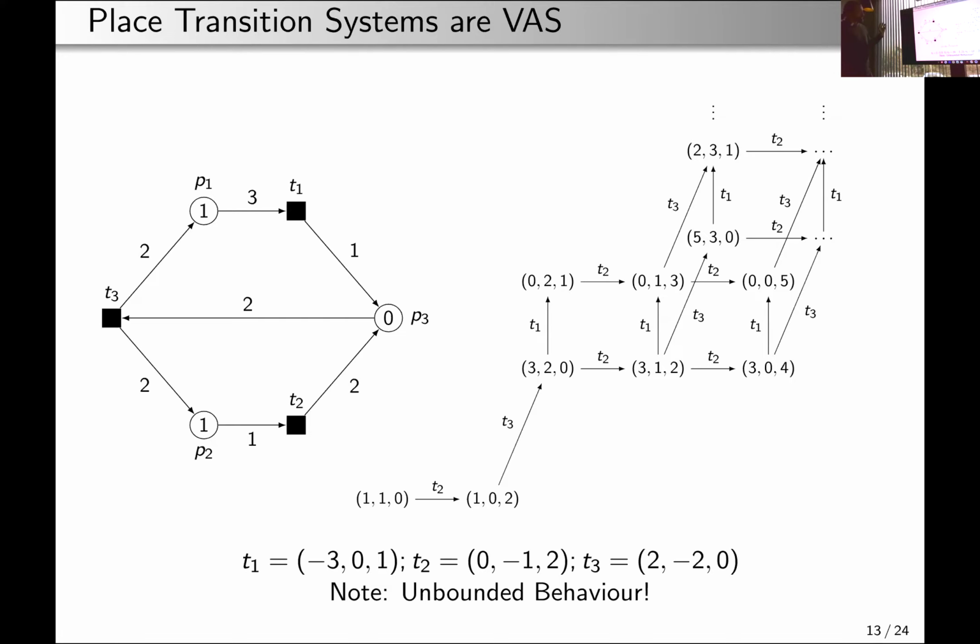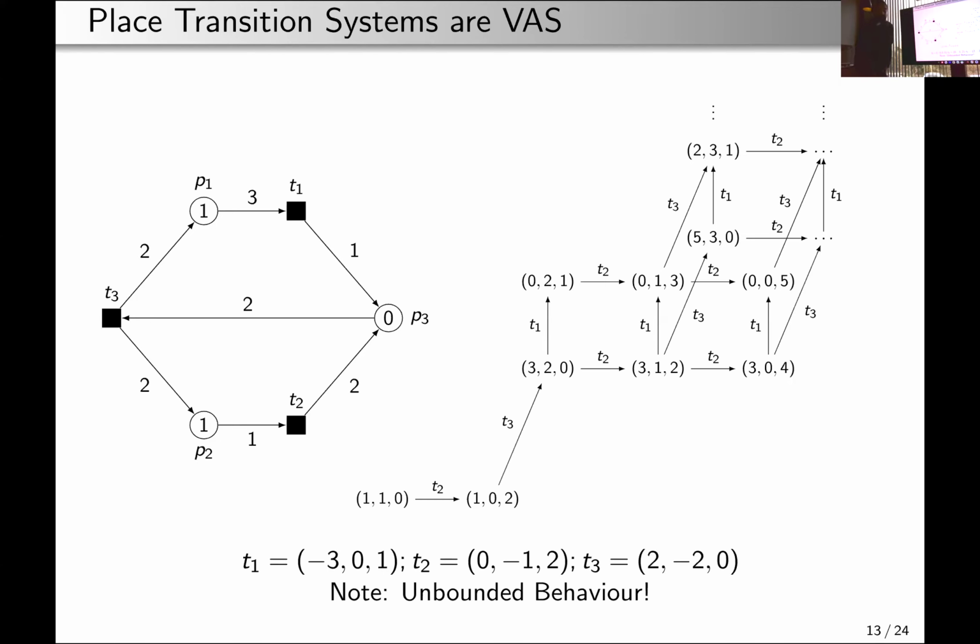So basically, in this view of vector addition systems, I can see every place as a dimension of a vector, and I will put just integer values on each coordinate, actually positive values. With this view, I can now view transitions as the vectors that consume from one coordinate and produce to another.